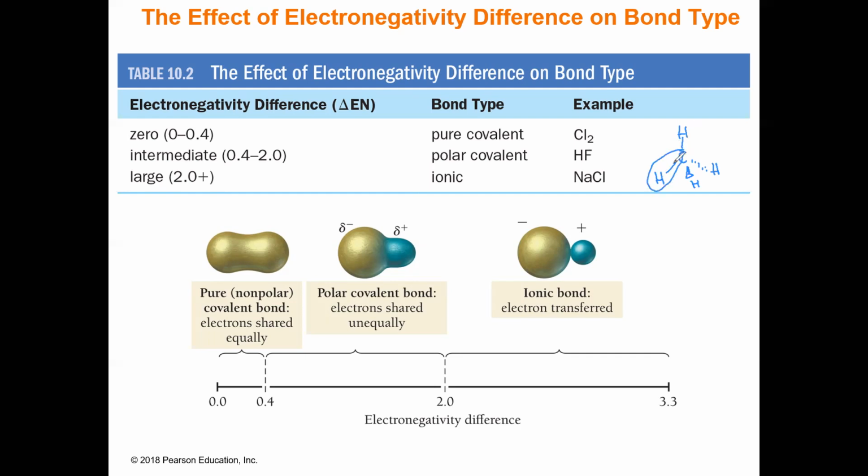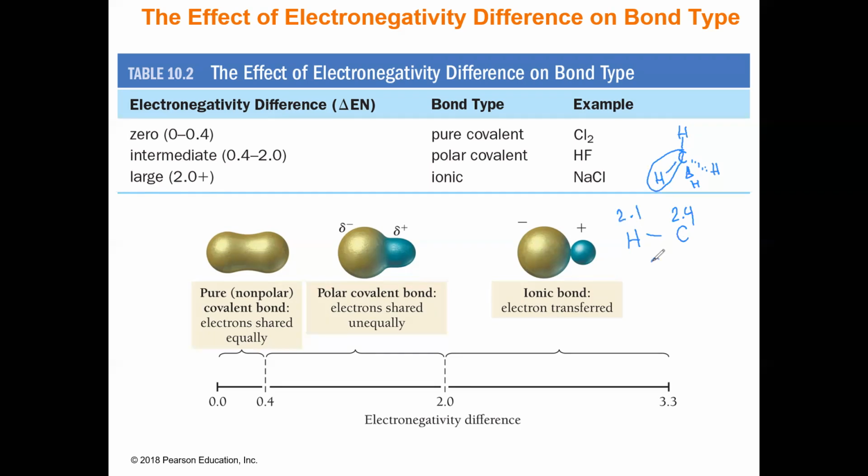If we were to go back to the electronegativity chart, we would see that the carbon has an electronegativity of 2.4 and the hydrogen has an electronegativity of 2.1.